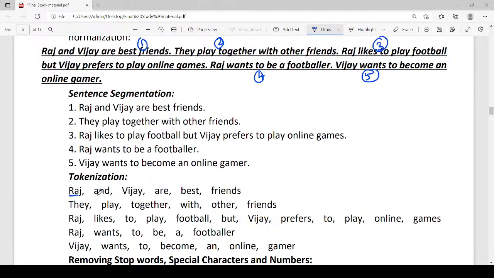So these words are simply separated here, as you can see. Raj, and, Vijay, are, best, friends, and so on. So for all the 5 sentences, you will have to tokenize it. Simply place a comma.